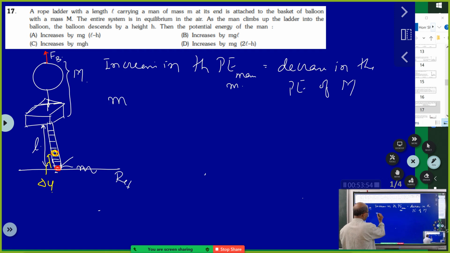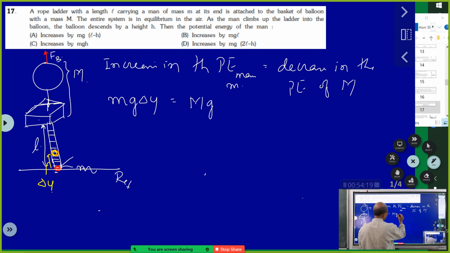So if he climbs up, mg delta y is the gain in the energy of the person. This should be equal to the decrease in the potential energy of the system, which will be capital Mg into L. So capital Mg into, it will come down by some amount.